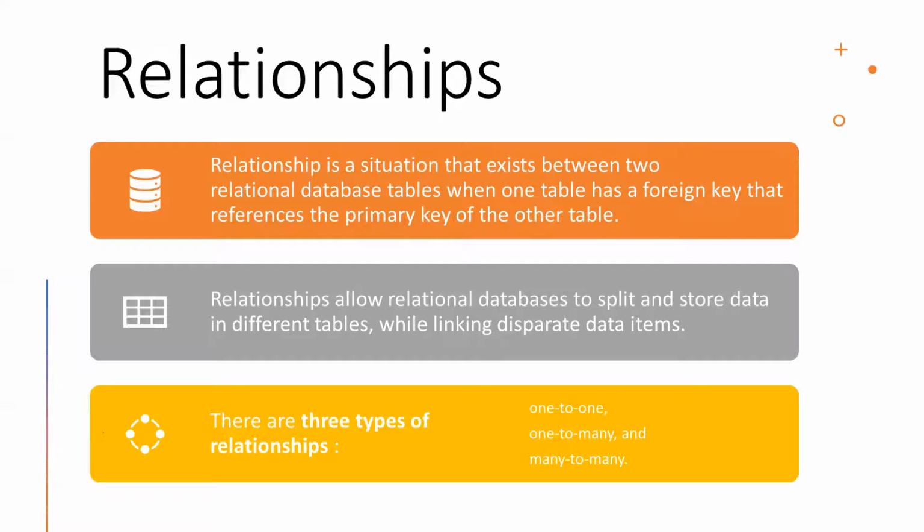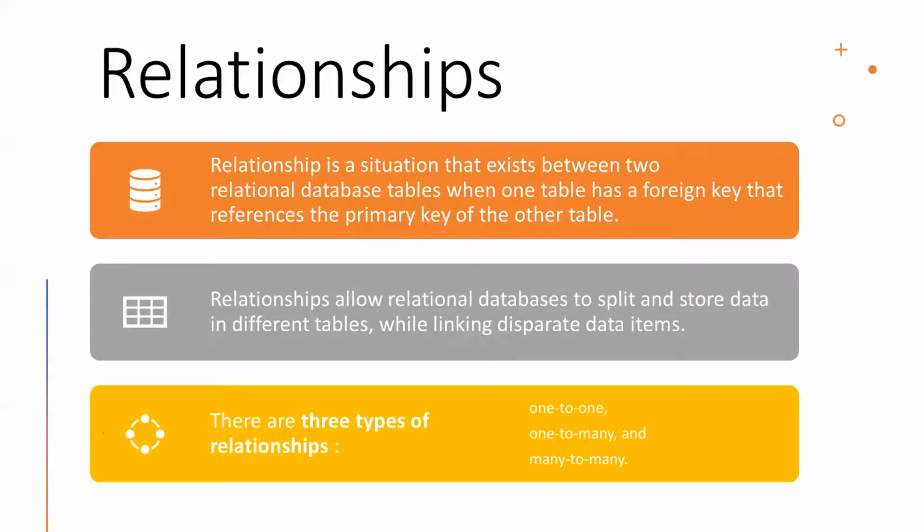Foreign key is a key which is a primary key in another table. That means the two tables are related with some key or some common column. Key here means a common column. When they are related with a common column, that is called a key, and that serves as a relationship between two tables.